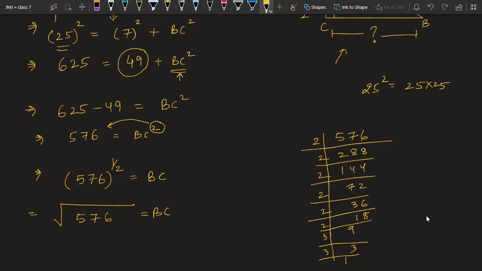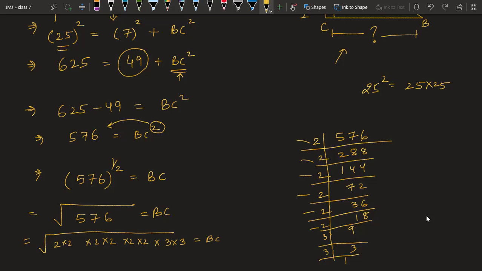So I have prime factorized this 576, and what I have got is how many 2's? 1 2 3 4 5 6, 6 2's. And 2 3's.